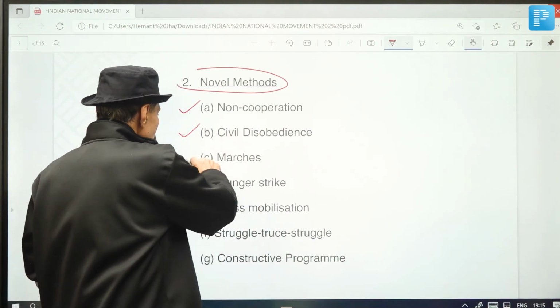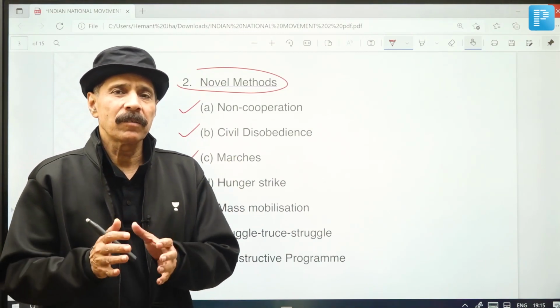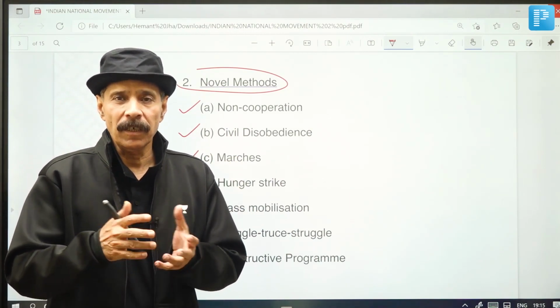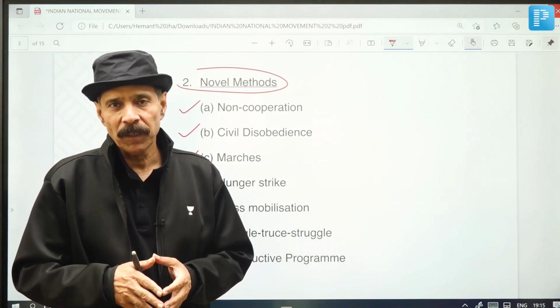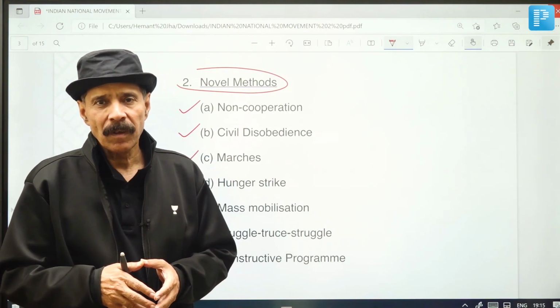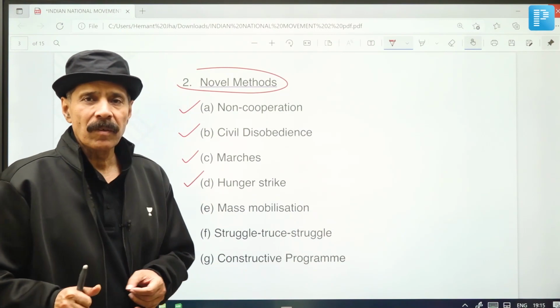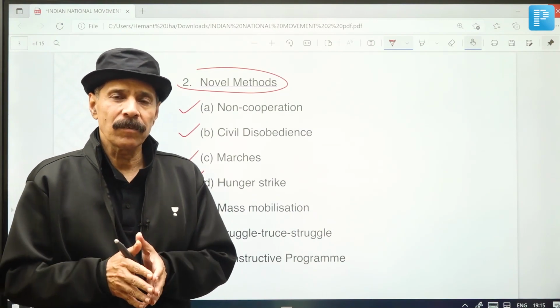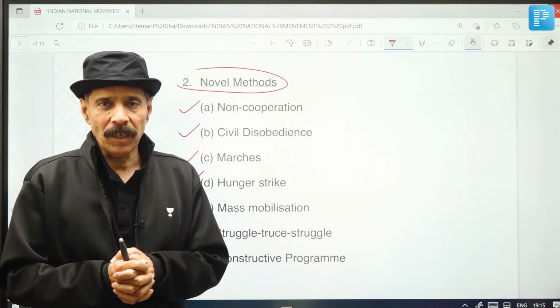Next one is marches. A very famous march of Gandhi was the Dandi March that led to the beginning of the civil disobedience movement. Next is hunger strike. The first hunger strike of Gandhi was in the Ahmedabad Satyagraha in 1918.